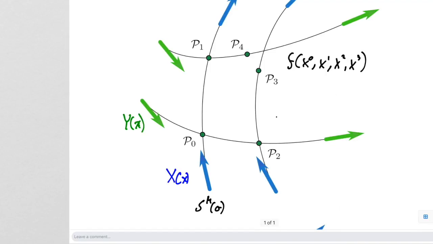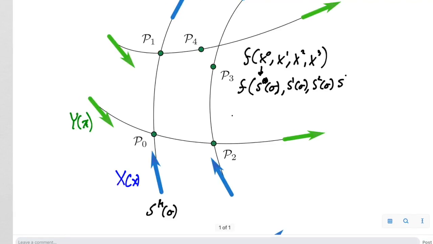So our next step to understanding this function is we substitute for each of these the curve equivalent, right? That would be S0 of sigma, S1 of sigma, S2 of sigma, and S3 of sigma, like this.